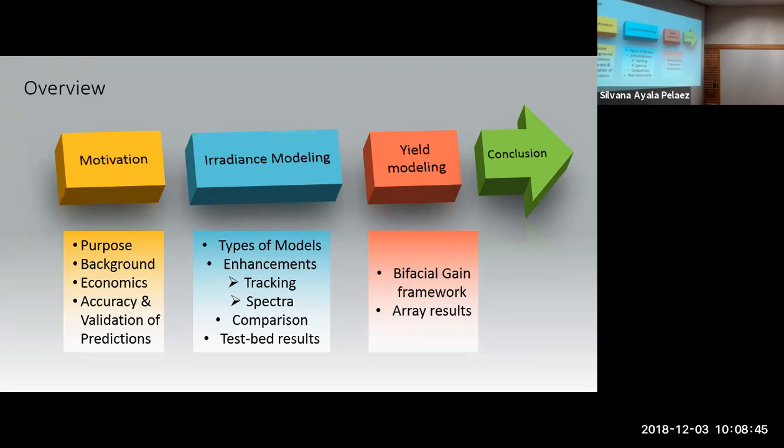I am going to present some enhancements that I've done or helped do to these models. Then we're going to do a comparison, and finally I'm going to present a test bed. That is an experiment, a real experiment. The final topic is on yield modeling. On performance modeling, we talk about bifacial gain, that is how much benefit we get from using bifacials. I'll also present some results from an array system.